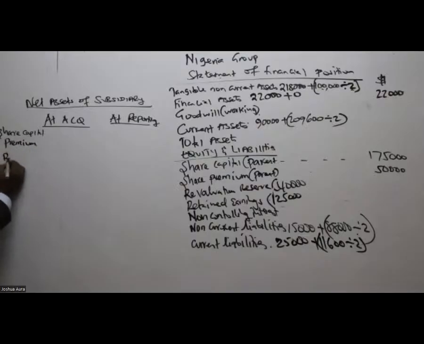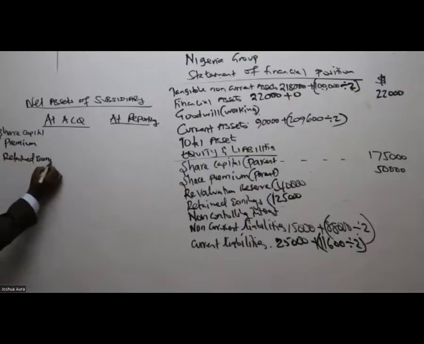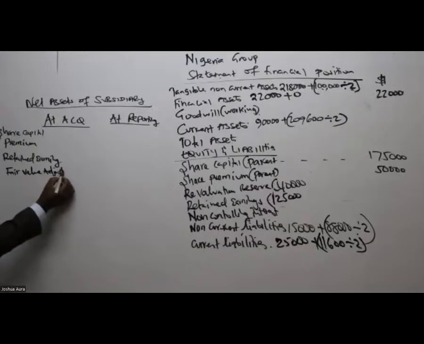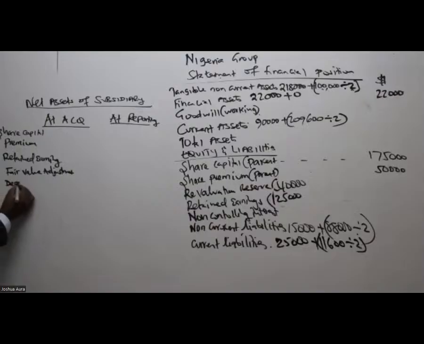Then we have retained earnings. Then, in this case, we have fair value adjustment. And then, of course, we have depreciation on the fair value adjustment.